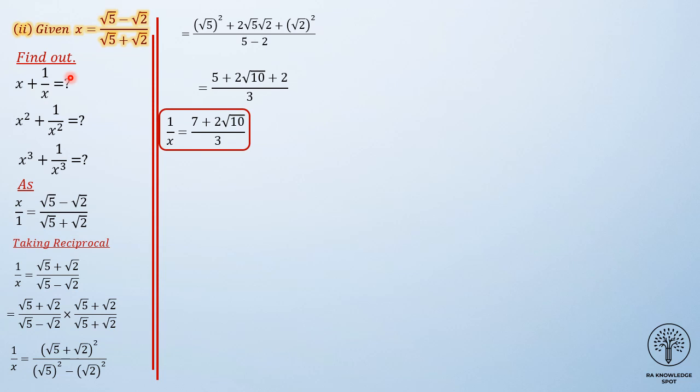How partially? They can give you only one part, they will ask you to find only this part, or only this part. Maybe they will ask only the first or second, they will not ask you the third part. So it is not possible that this whole question will appear in your paper.